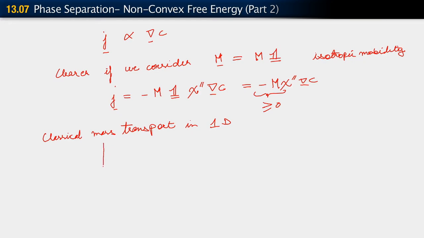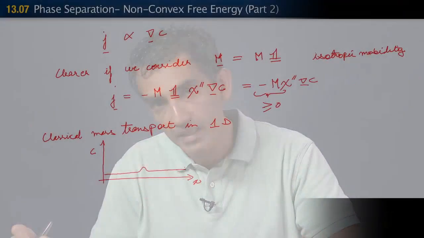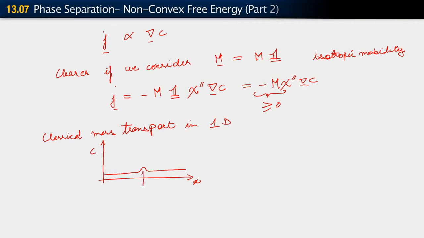Let us suppose that we have a concentration distribution C, which is uniform everywhere except maybe for a little bump somewhere. This is the sort of situation that happens if you take a beaker of fluid and introduce a drop of ink in it. Over the region of that drop, you've increased the concentration of the ink. The ink has 0 concentration everywhere else except at this point where I put a drop of ink, so there's a little bump in concentration.